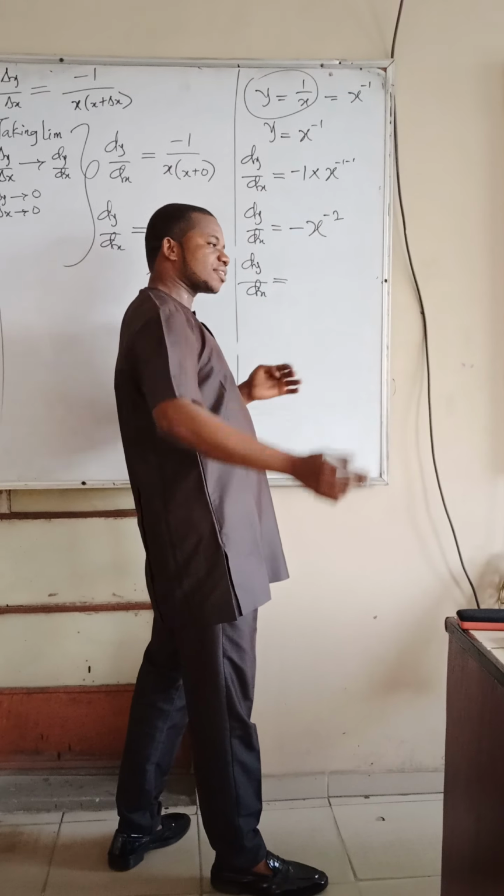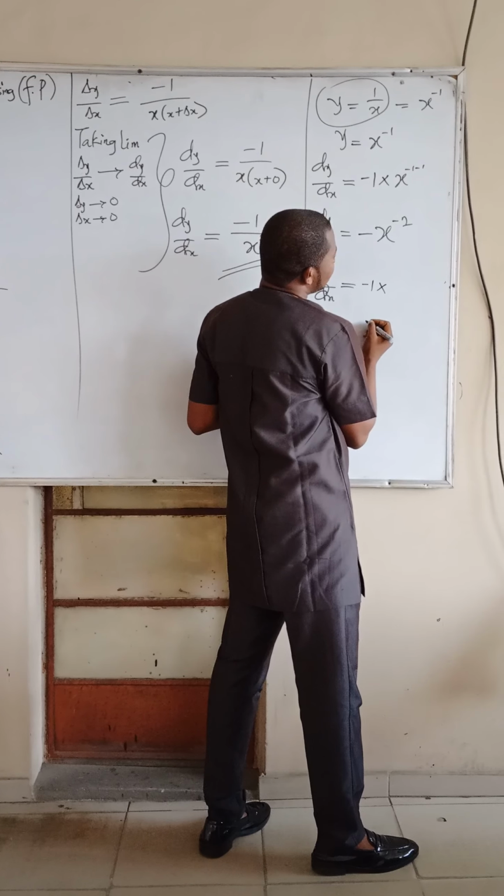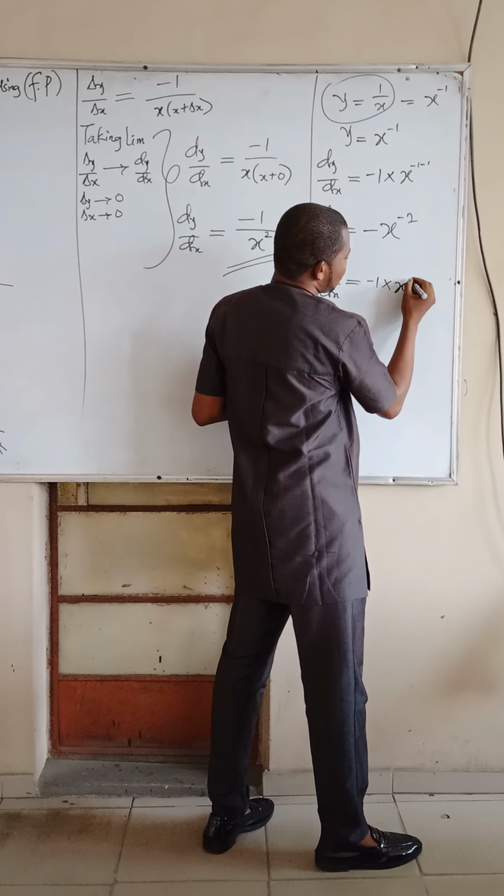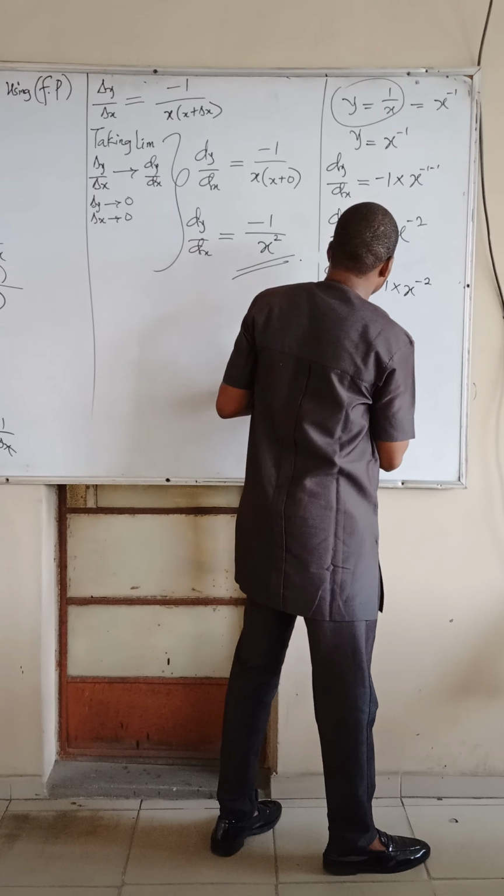Now, back to what I was teaching. So we have minus x raised to power negative 2. For our indices, this one is the same thing as minus 1 times x raised to power negative 2.